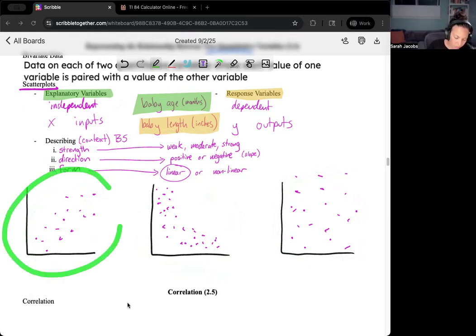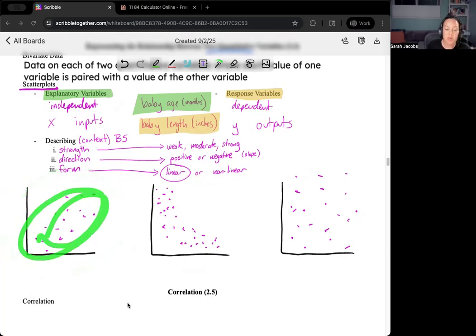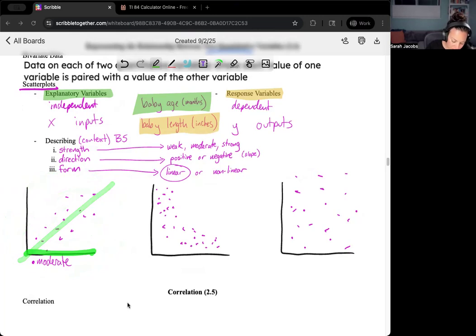So our first one over here, I would say that there's a pretty clear pattern here, but it's not super, super tight. So I'm going to call this a moderate relationship. The slope, as we move from left to right, as the x's go up, the y's are going up.